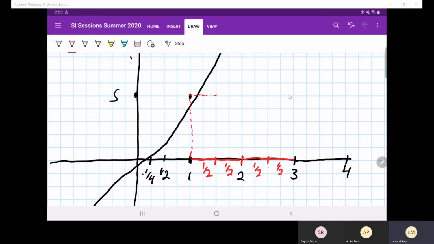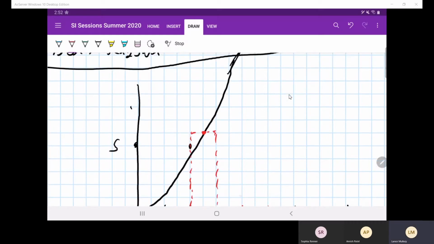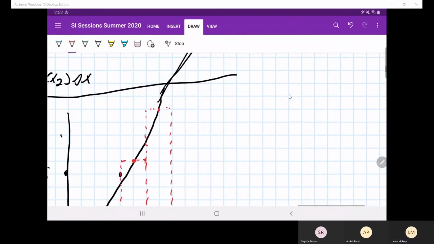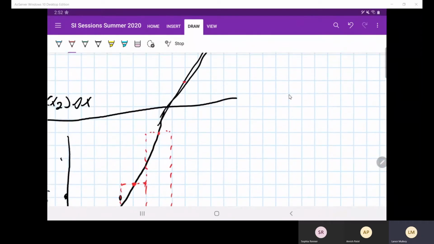Actually, no. They go up to where the midpoint touches and come down to the delta x. See, this midpoint touches right here. This midpoint touches right here, comes up here, comes down.